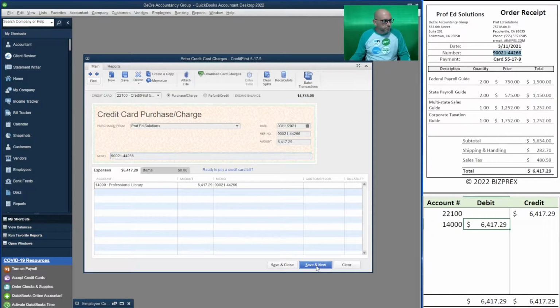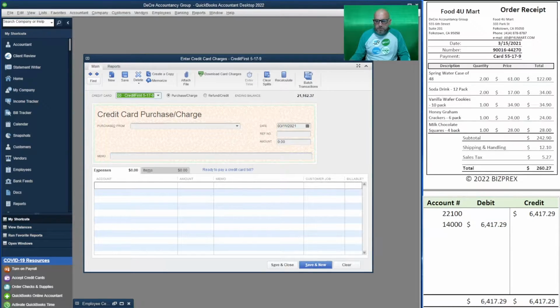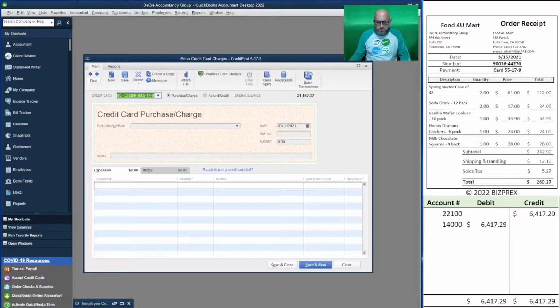All right. Then we bought some food items. To me, that's office supplies.